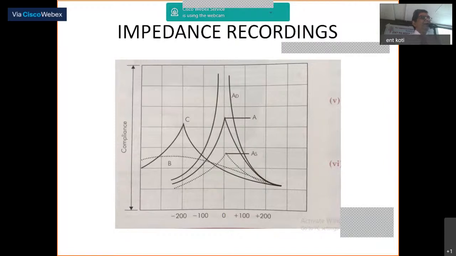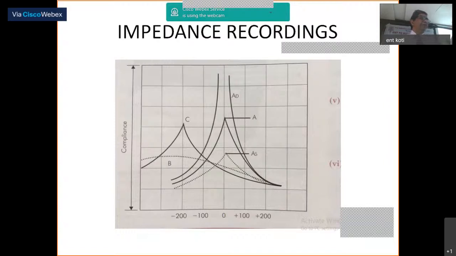AS is decreased compliance in the case of otosclerosis. So the amount of stiffness: earlier, what is given is compliance 0.2 to 0.6, normal is 0.85 to 1.2.